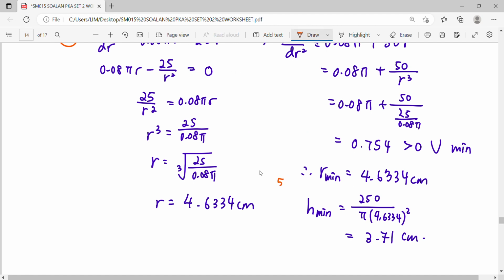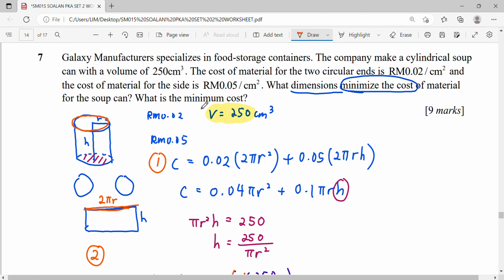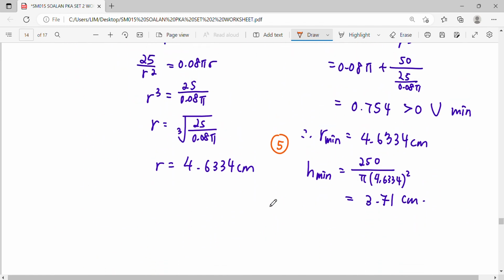What else does the question ask us to do? What is the minimum cost. So use the variables; finally, we answer the minimum cost.